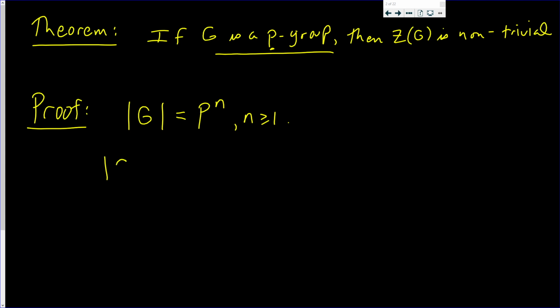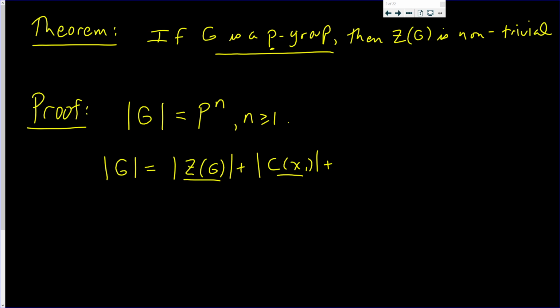Now, we have that the order of G is the order of the center of G plus the order of, say, the class of C of x1. These classes that I'm about to write have magnitude more than 1.